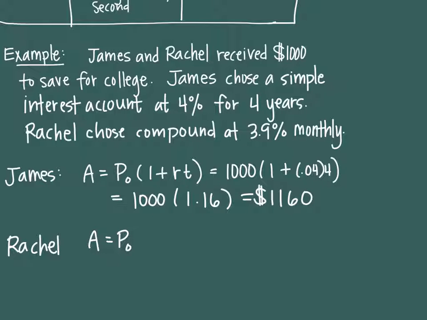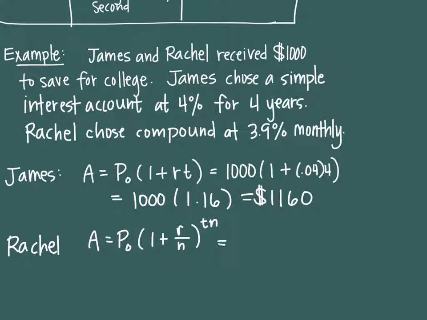All right, so let's compare that to Rachel's account. She's using compound. So her formula starts out also with 1 plus, but her R is divided by the agreement she's come to with her bank that they're going to pay her every month. And then her time is multiplied by those months as well.